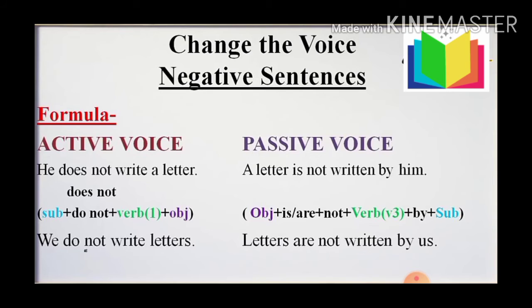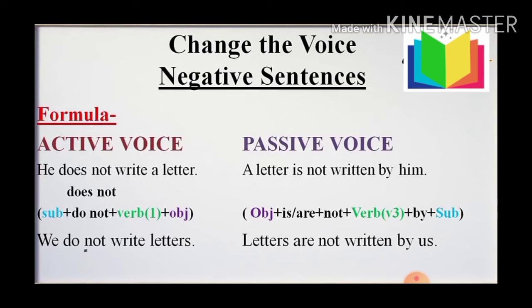It depends on the subject. But while converting sentences from active voice to passive voice, we will omit do or does. We will not carry it as it is. Rather, in passive voice, we will use is not or are not according to the object.